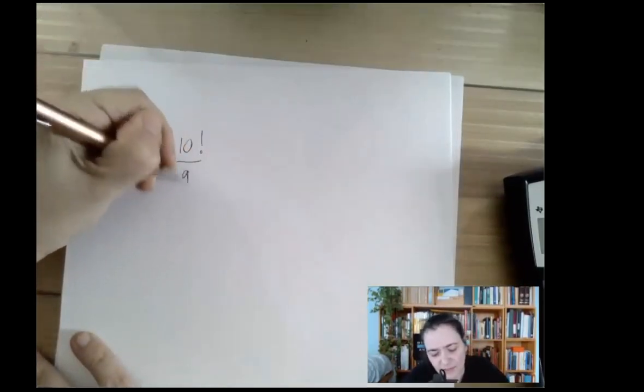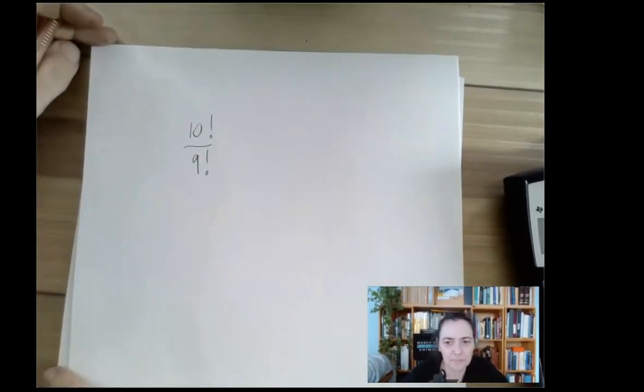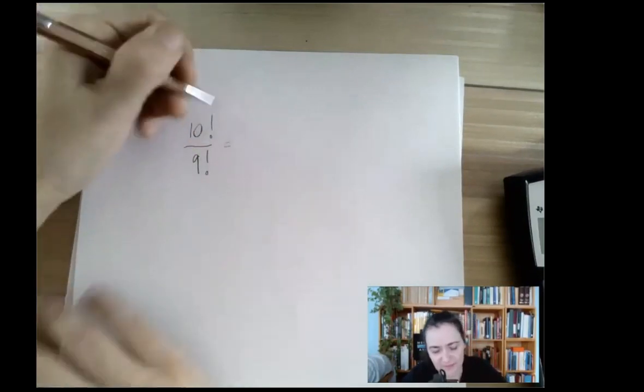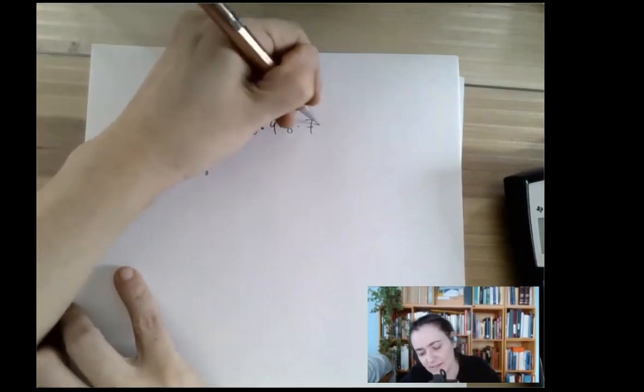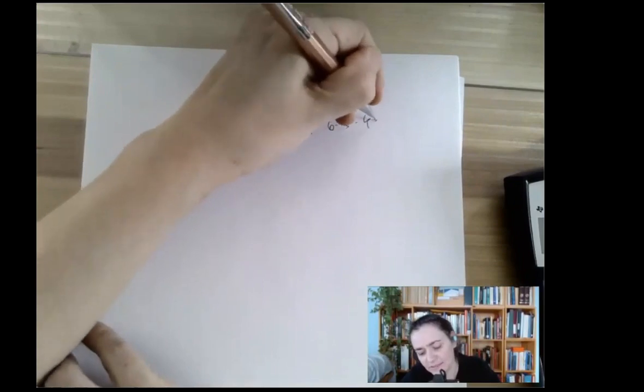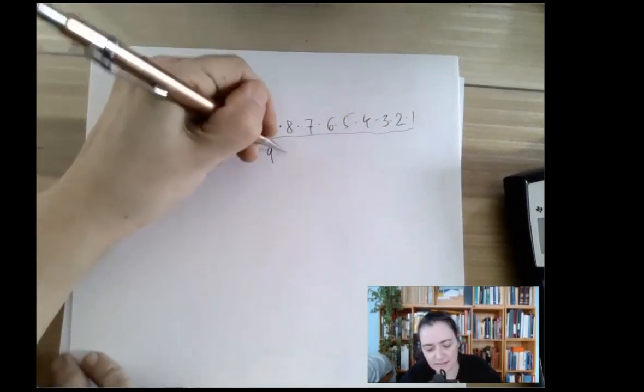This is a new little algebra. Can you figure out what this is? Without the calculator. 10 times 9 times 8 times 7 times 6 times 5 times 4 times 3 times 1. And this is 9 times 8 times.